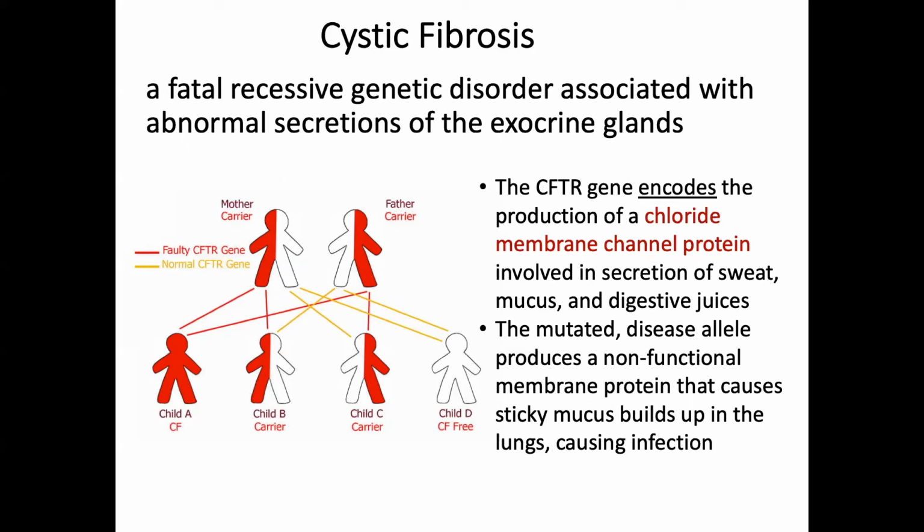Okay, in this picture, we will use letter O to represent a normal allele of the CFTR gene and letter M to represent a mutated allele of the CFTR gene. The mother and the father both have one normal allele and one mutated allele, indicating they are both heterozygous, also called carriers.